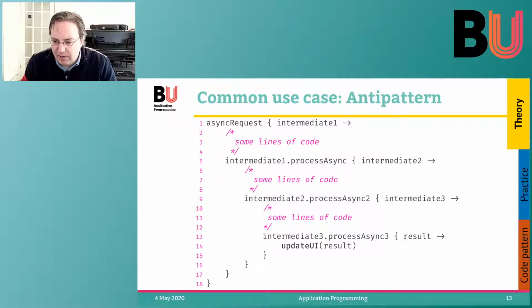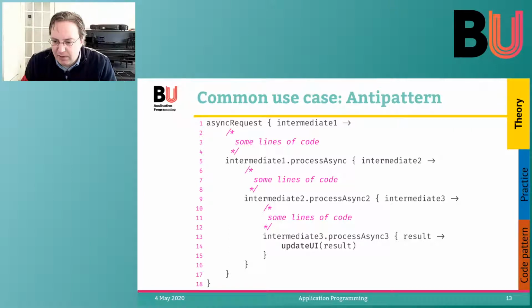So you do these various things, and this is actually quite common, to have a number of things you need to do in sequence. It's also the case if you have a dialogue, if you ask the user something, and they say, yes, do you agree with that? Okay, oh, I need permission. Do you give me permission, etc. That is where you get into up to the point where you then at the end update the UI.